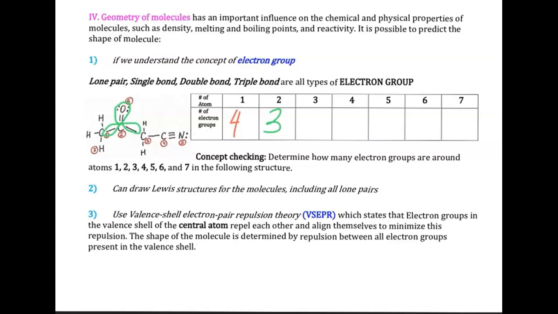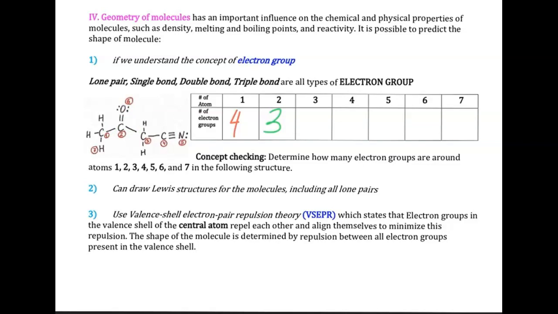Okay, and now the next carbon is carbon number 3. And we have to look, it has 1, 2, 3, and 4. So it has 4. The next one is carbon number 4.